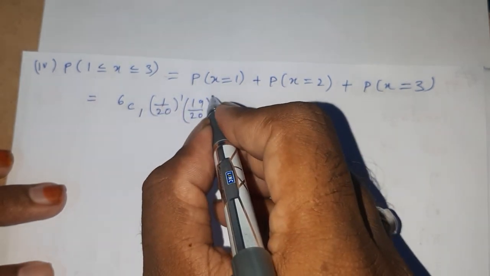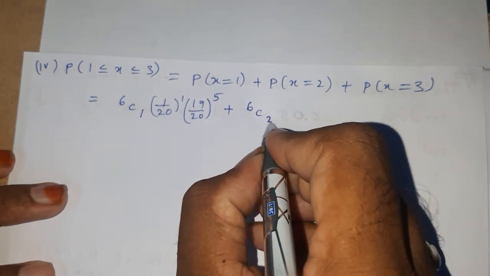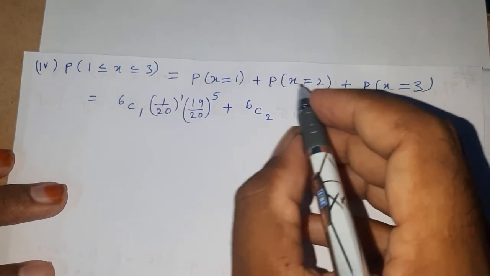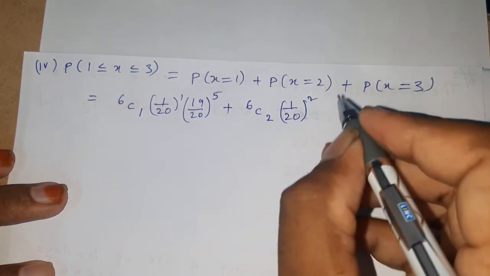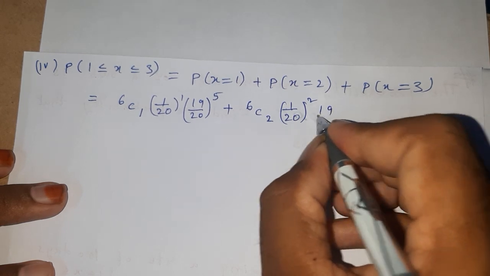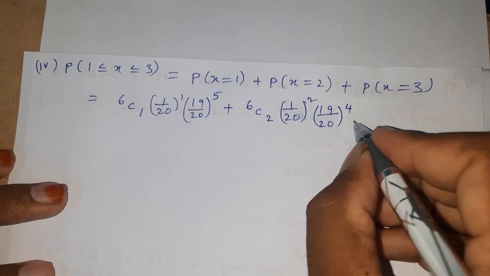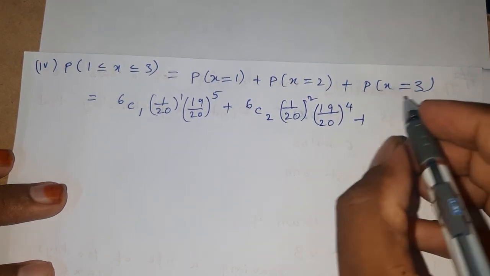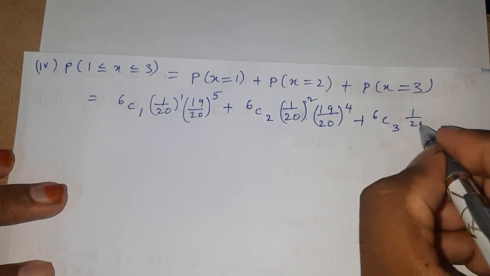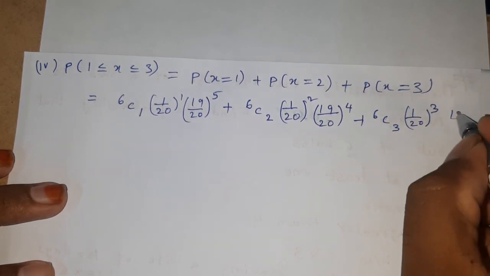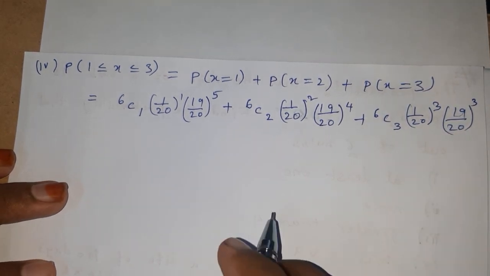Plus 6C2, with 2 successes, x equal to 2: (1/20) whole square times (19/20)^4, plus the probability when x is equal to 3: 3 successes with probability 1/20 and 3 failures with 19/20.